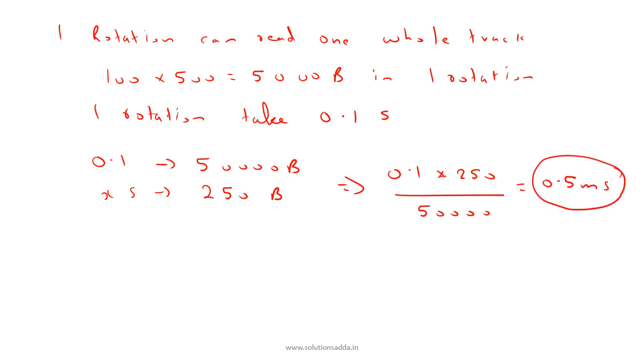So these are the three parameters. So average time to transfer is the sum of average seek time, that is 249.5 milliseconds, plus average rotational delay, that is 50 milliseconds, plus time to transfer the data, that is 0.5 milliseconds. This is equal to 300 milliseconds.